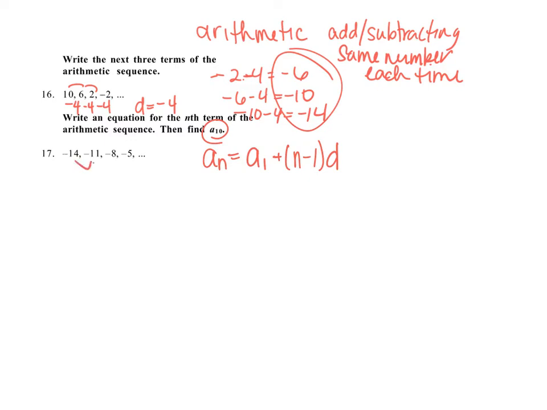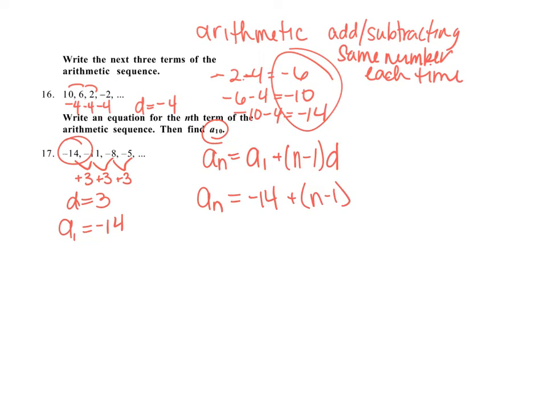So here, what's my common difference between each of these? They're adding 3, adding 3, adding 3. So our d is 3. And our first term is negative 14. There's our first term. So we plug it into the equation. We leave an, that's like our y, equals a1, negative 14, plus n minus 1 times d, which we said was 3.